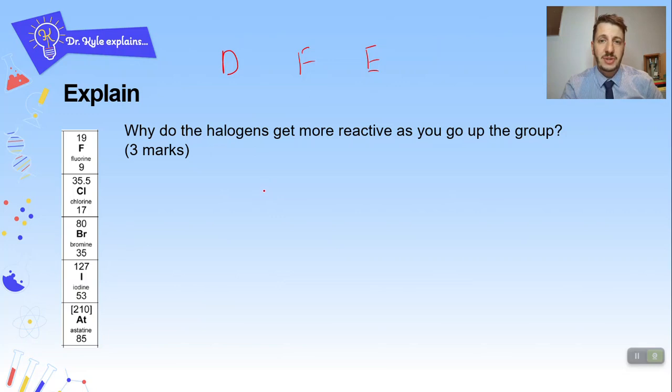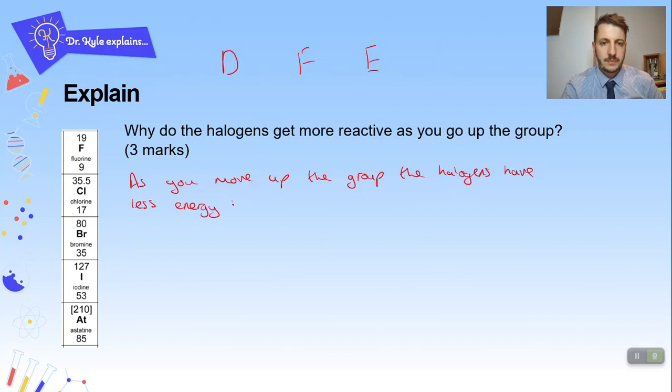Okay, so let's go through the answer. Why do the halogens get more reactive as you go up the group? So as you move up the group, the halogens have less energy levels. Essentially, that means they're smaller.